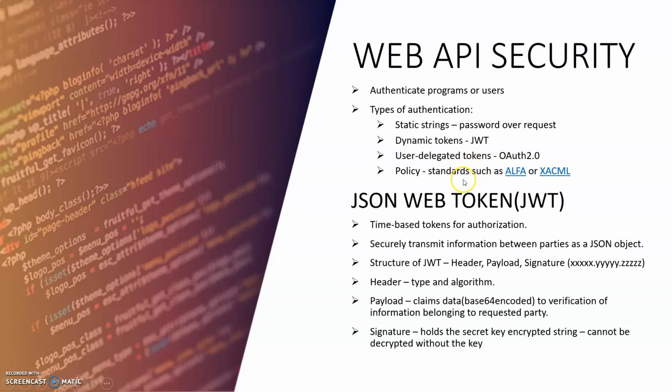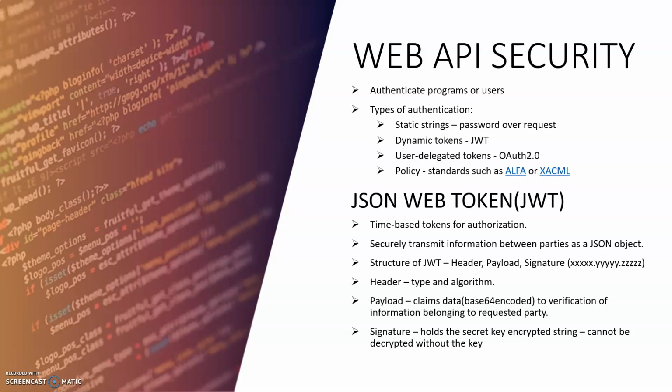We have a set of policies which define how an API can be invoked, something like the alpha and XML. Coming to how JSON Web Tokens, JWT, are used in API security. JWTs are basically a compact and self-contained way of transferring information securely between the requesting parties in the form of some kind of JSON object.